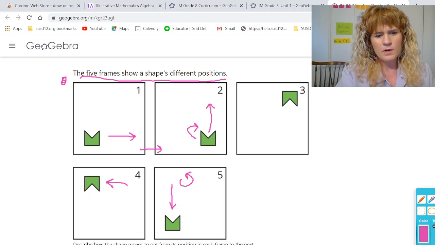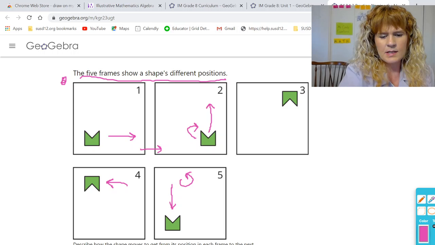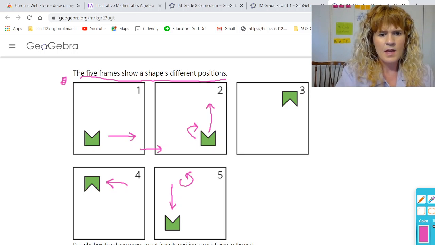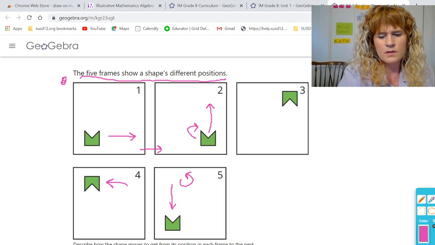From 3 to 4, the shape has slid to the left. And from 4 to 5, the shape has rotated again 180 degrees and slid down.